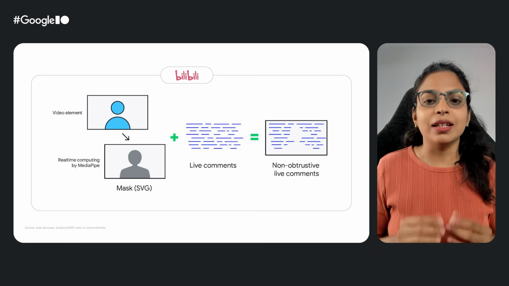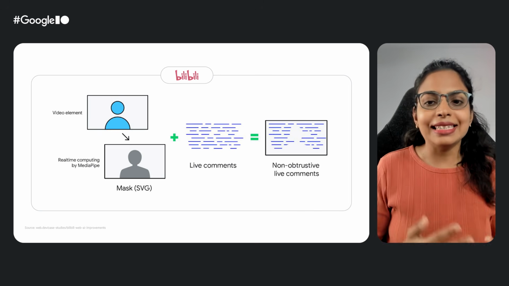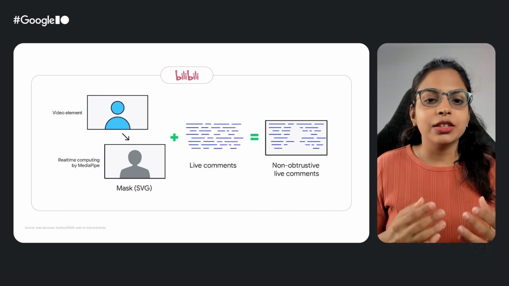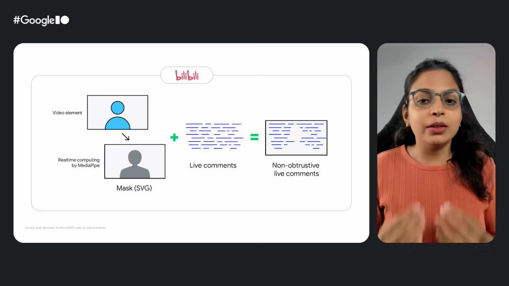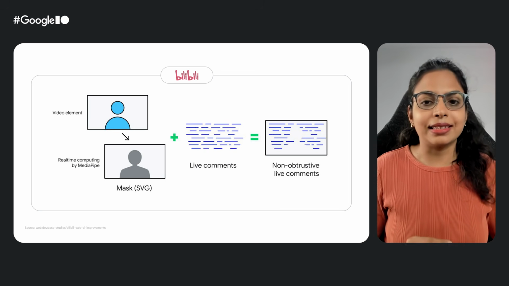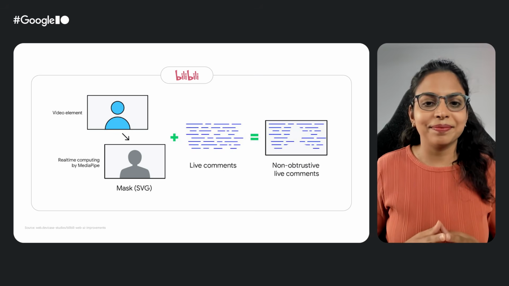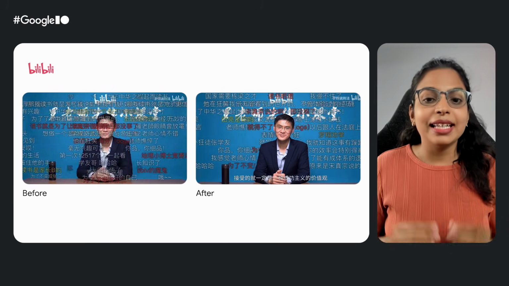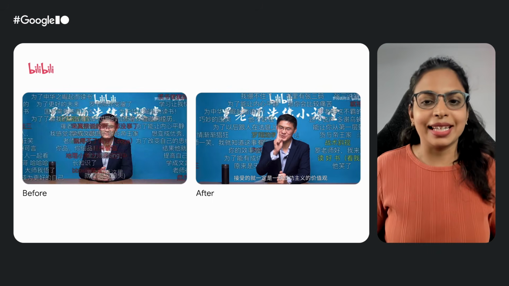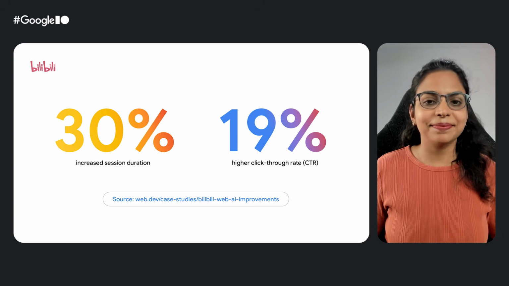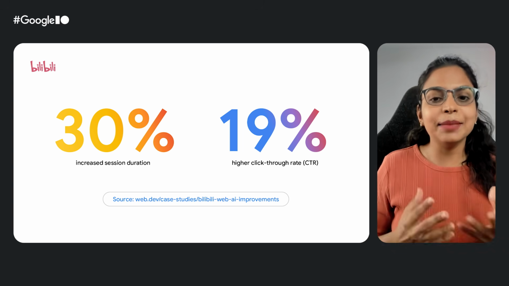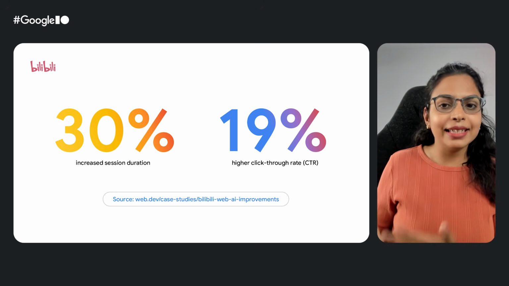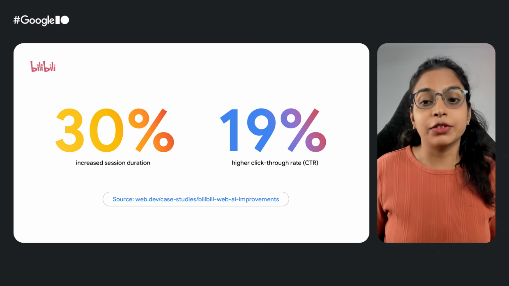And since the model leverages WebAssembly and the device's GPU under the hood, it allows the algorithm to run in real time with very low latency, a critical factor for live video streaming. Thanks to this client-side solution on the web, they were able to improve the viewing experience. In fact, they saw a 30% increase in session duration and 19% higher click-through rate for live streaming videos.